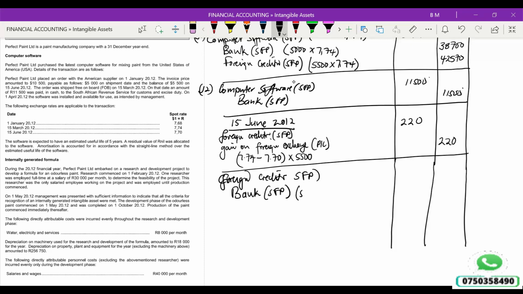The amount is 5.5 times R7.70. How much do we get? 42,350.